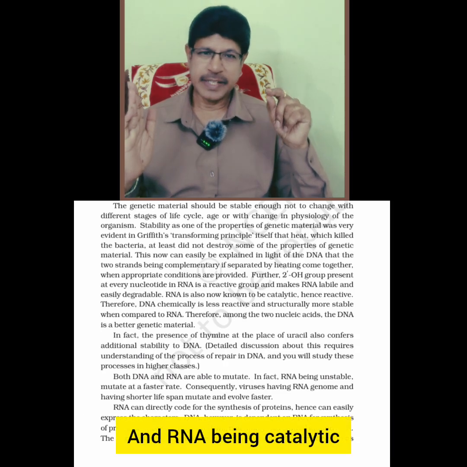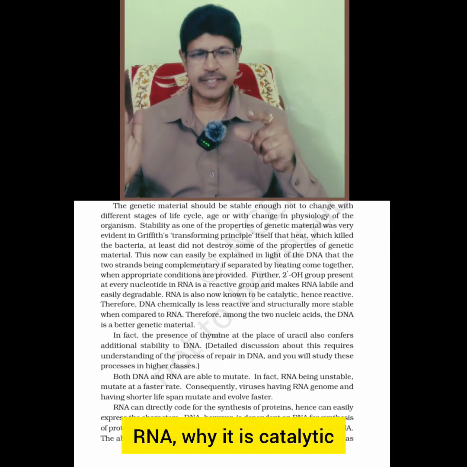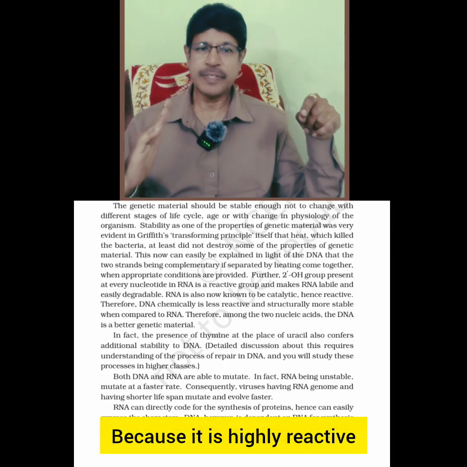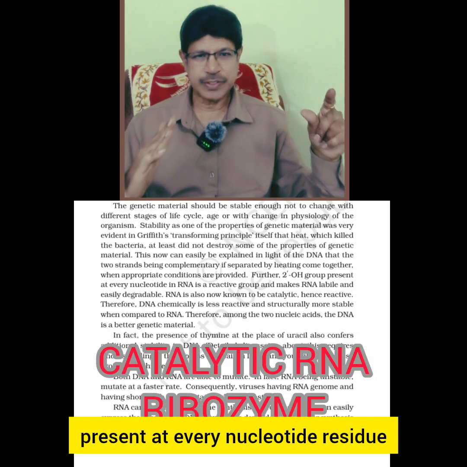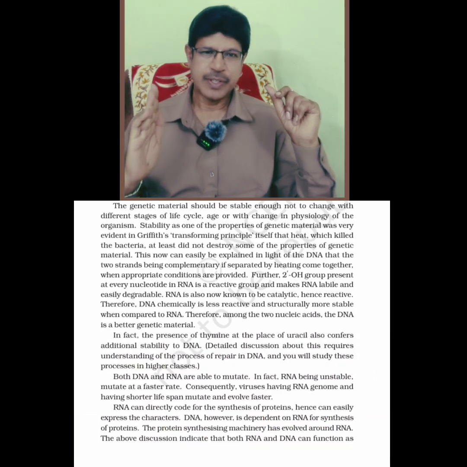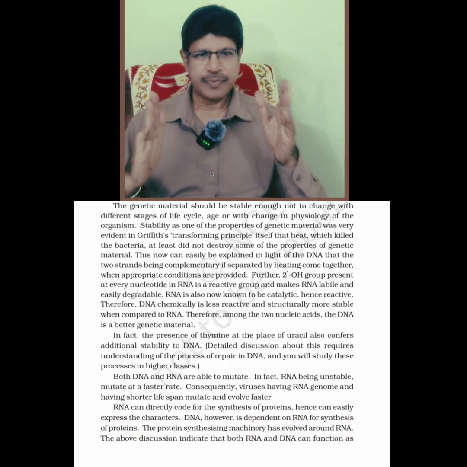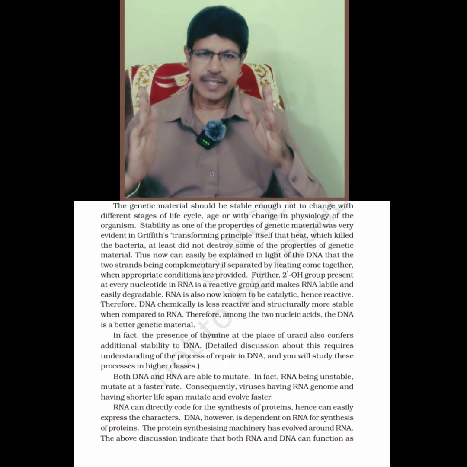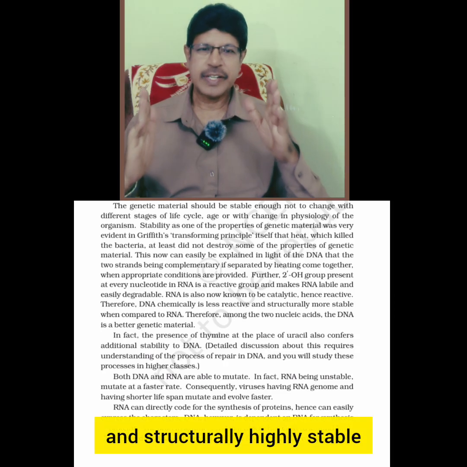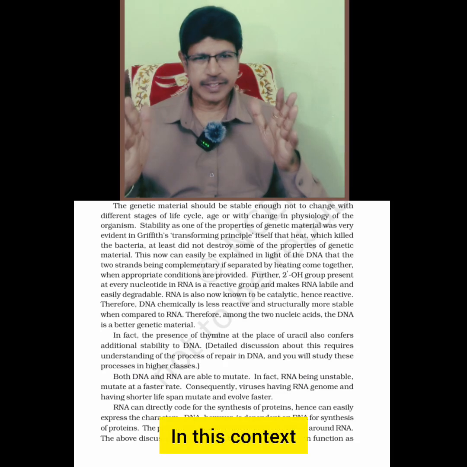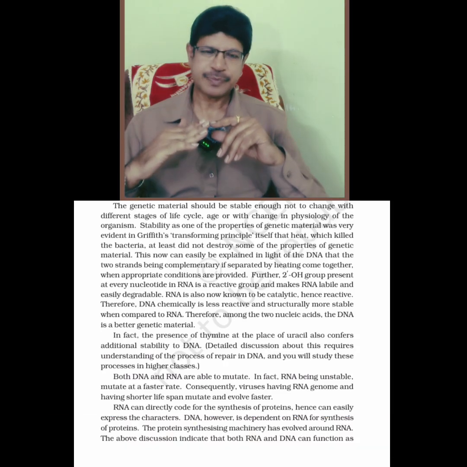And RNA being catalytic, it is highly reactive. Why is RNA catalytic? Because it is highly reactive because of the 2'OH present at every nucleotide residue. Next, in this context, DNA is chemically less reactive and structurally highly stable. In this context, both DNA and RNA are genetic material.